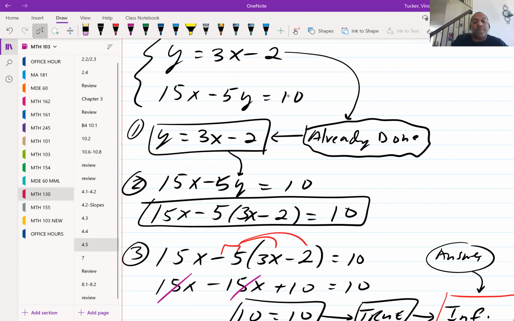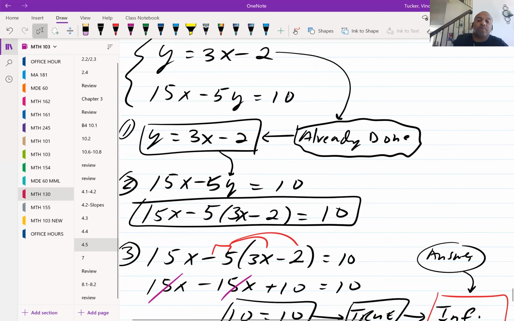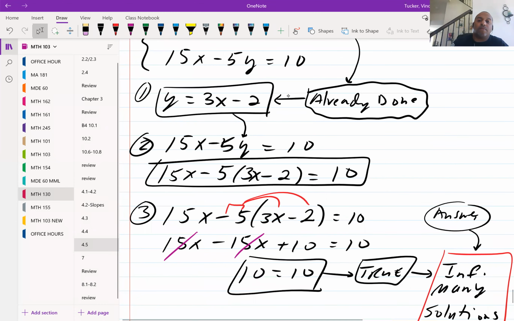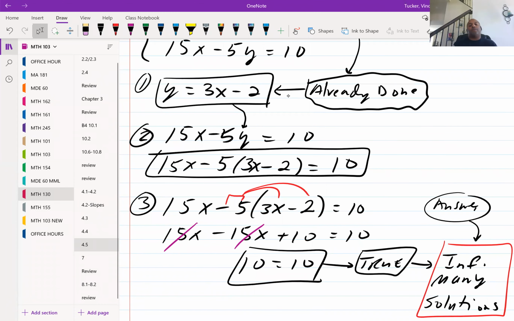So that'd be 15x minus 15x plus 10 equal to 10. So 15x minus 15x cancels. That leaves you 10 equal to 10, which is true. Remember we mentioned if you have your variables canceled and that leaves you with a true statement, there will be infinitely many solutions.